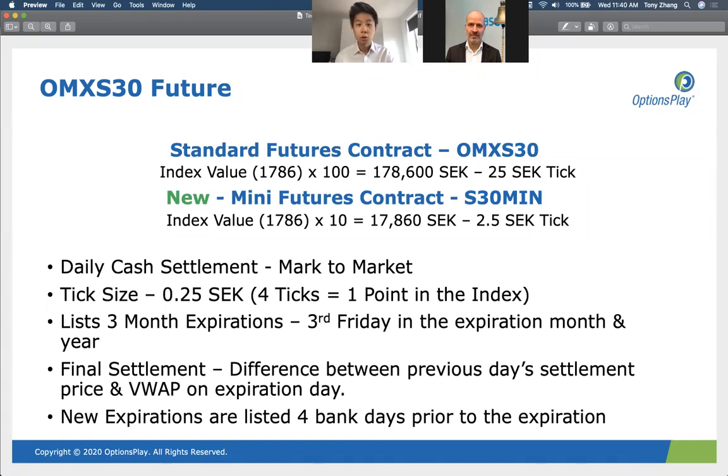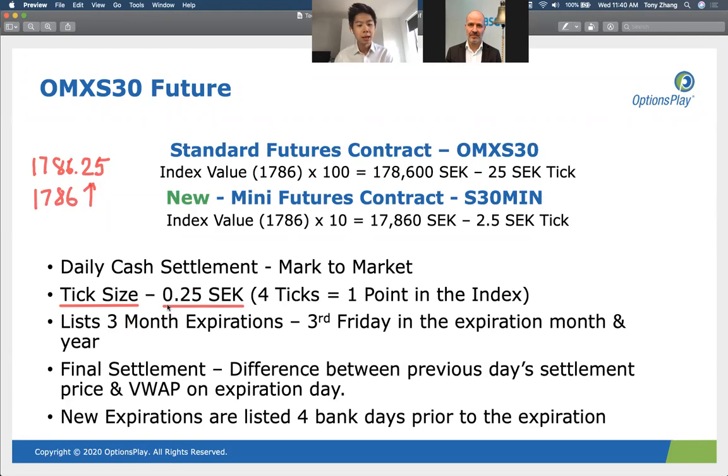Now, when we're trading futures, we talk about them in terms of tick size. Each tick on the index is 0.25. That's the minimum size that the futures contract will move by. So if, let's say, the current futures contract is at 1786, the next possible price it can tick up to is 1786.25. Meaning it can't be 1786.20 or 1786.10.